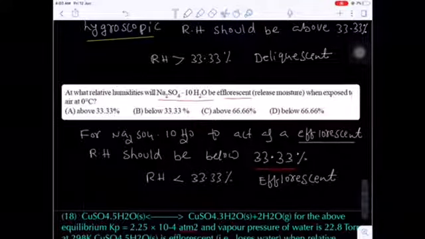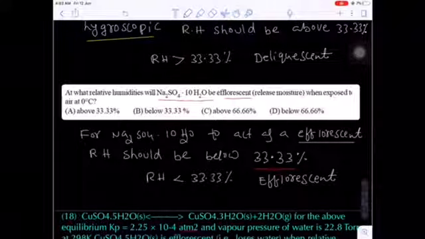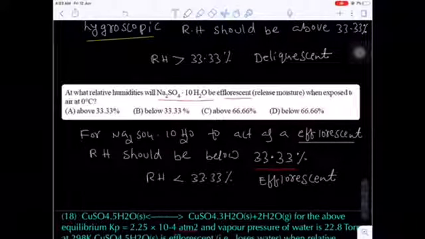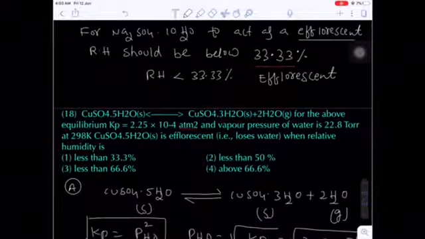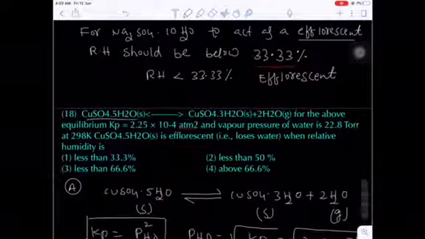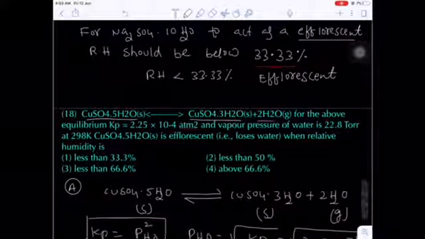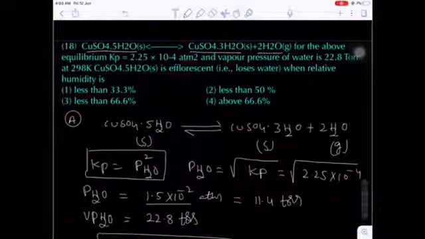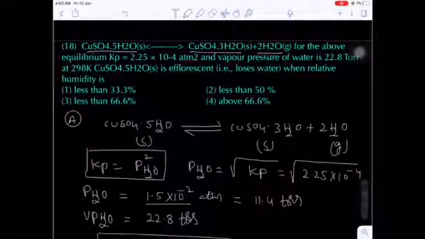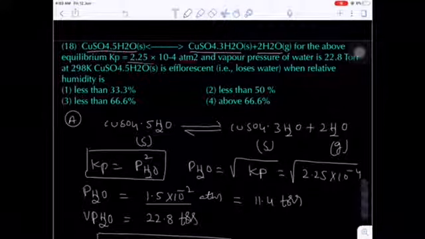Once again, if the relative humidity is more than the calculated value, the compound will act as a hygroscopic or deliquescent, and if it is less than that calculated value, the compound will act as an efflorescent. Related to this topic, one more question is there. Copper sulfate pentahydrate gives copper sulfate 3H2O and 2H2O. The 2H2O is a gas, so directly I am writing the Kp expression, pH2O whole square.